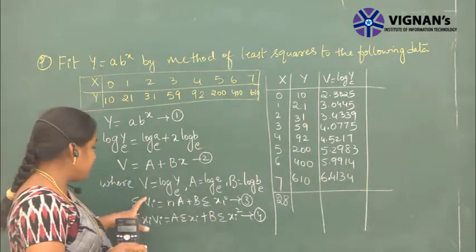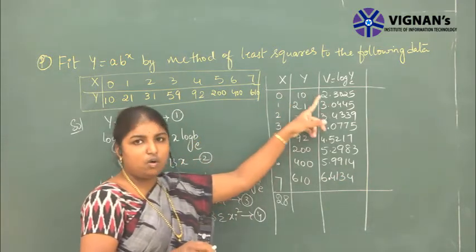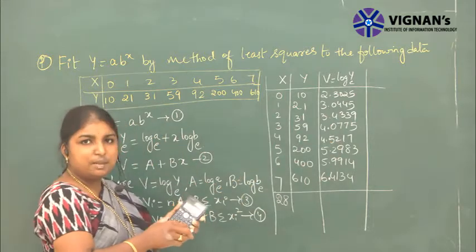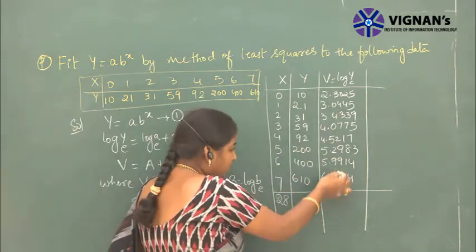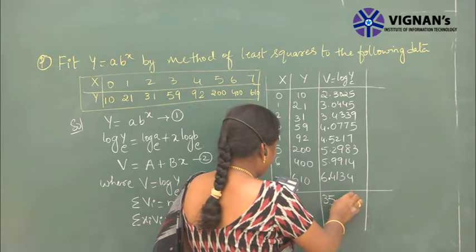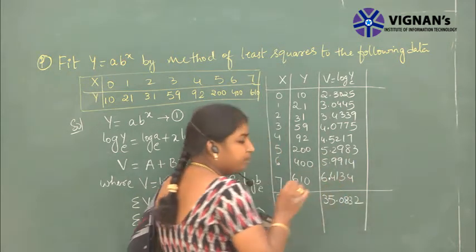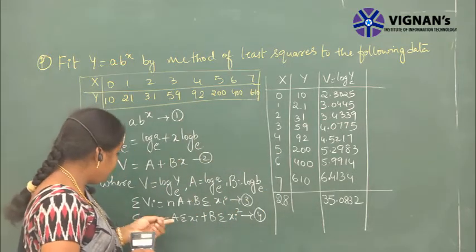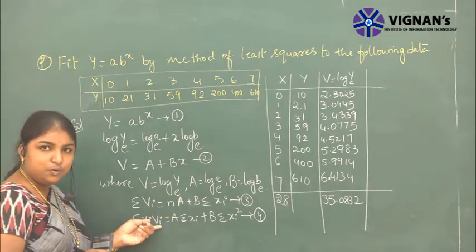So here we want summation Vi, that means we are adding all these values, and we get 35.0832.